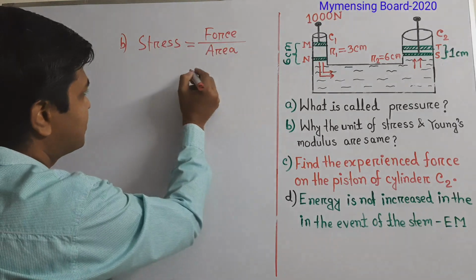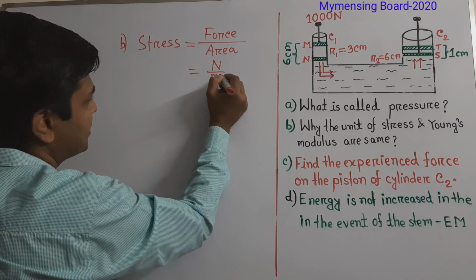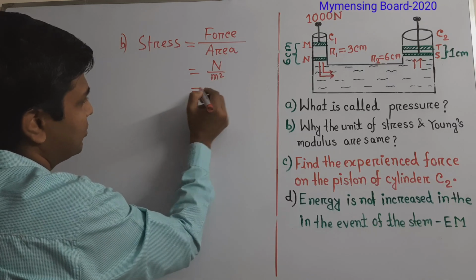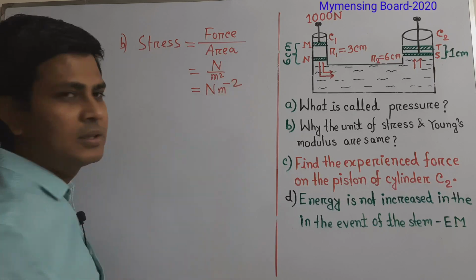The unit of force is Newton, area is meter square, so the unit will be Newton per meter square.